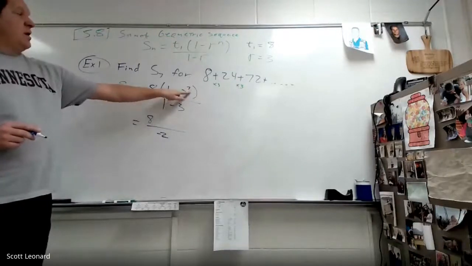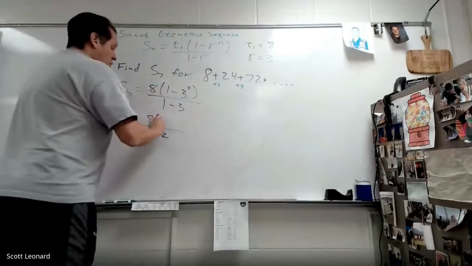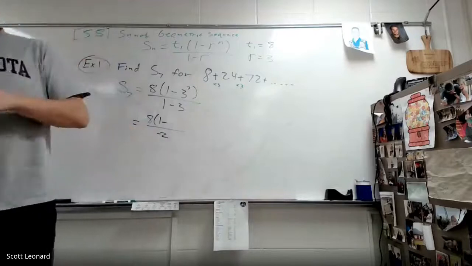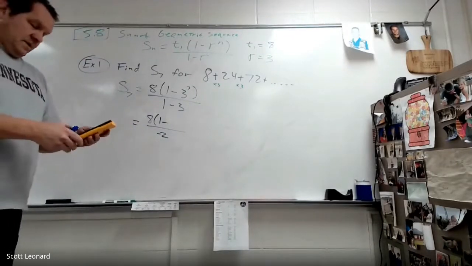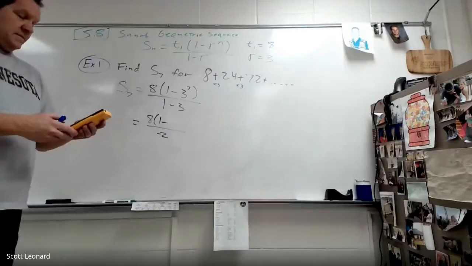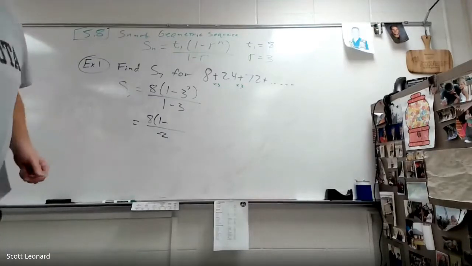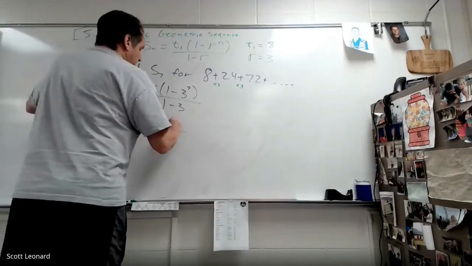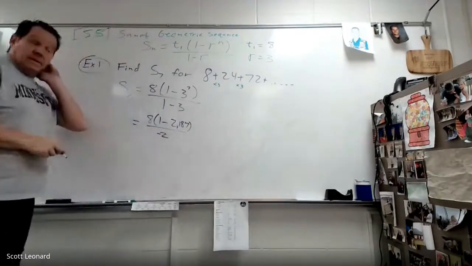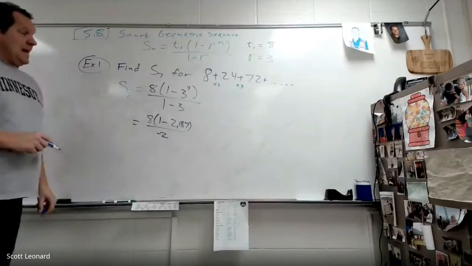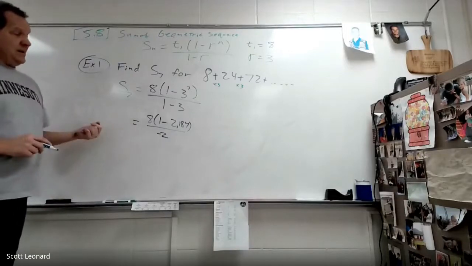To show your work, you need to show this. You're going to go 1 minus whatever 3 to the 7th power is. So you're going to use your calculator. 3 to the 7th is 2,187. Okay. At this point, I can now simplify.